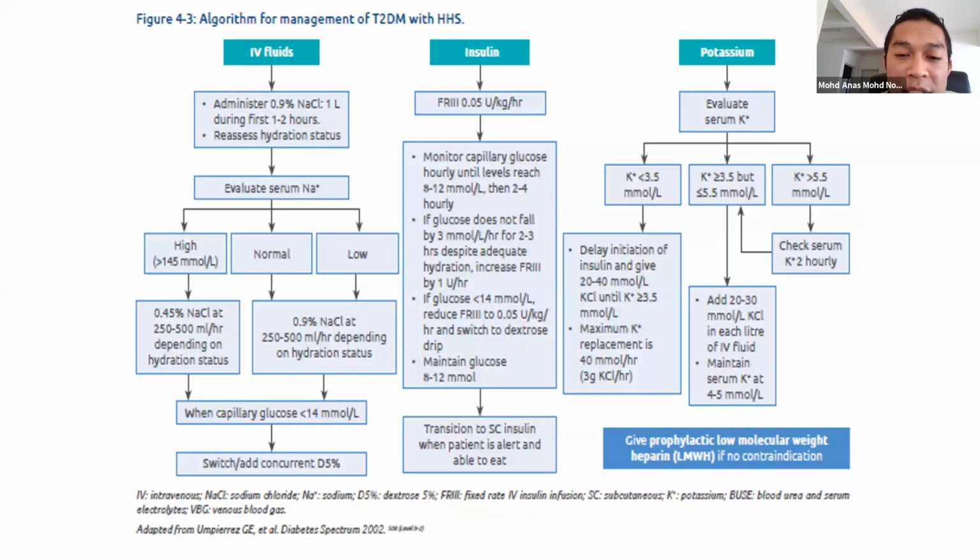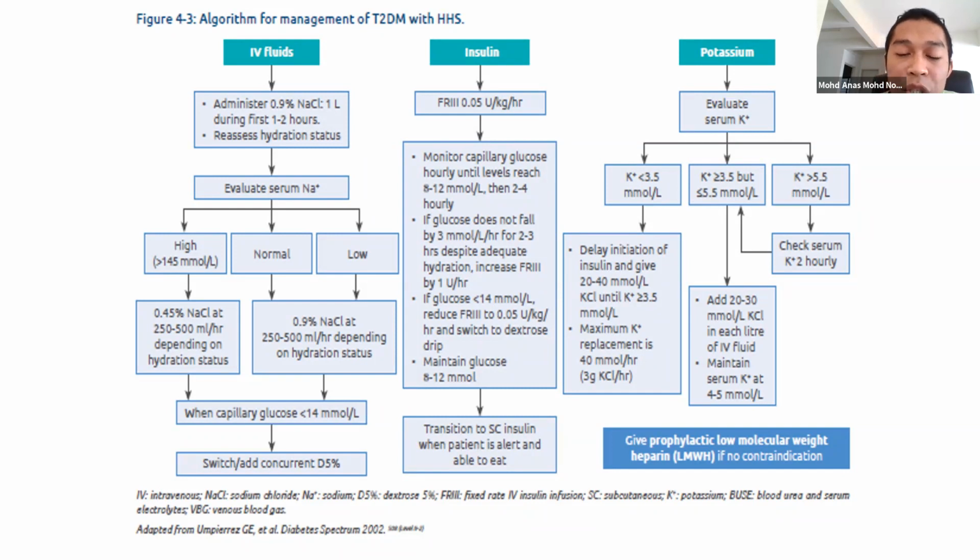Tapi kalau if you want to take it one step further, you can go for you punya isotonic fluid lah. Don't be afraid kalau fluid tu ada potassium ataupun ada a bit of lactate, because the potassium and the lactate will be diluted when you administer the fluid in the body lah.